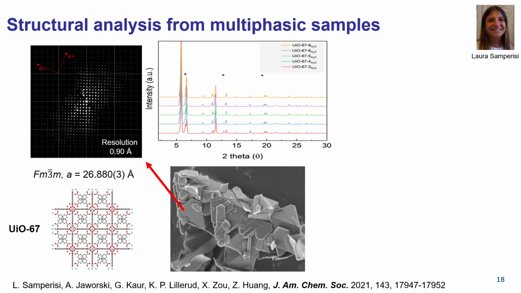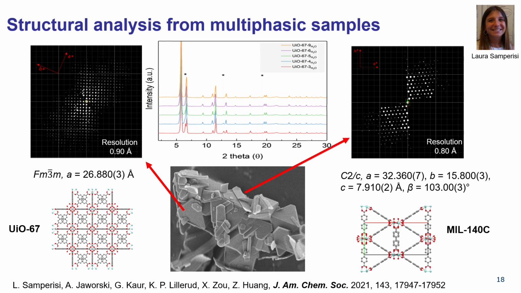This is quite straightforward. If you look at these plate-like crystals, we found this is actually MIL-100C. The structure was predicted, but this was the first time it was determined using electron diffraction.